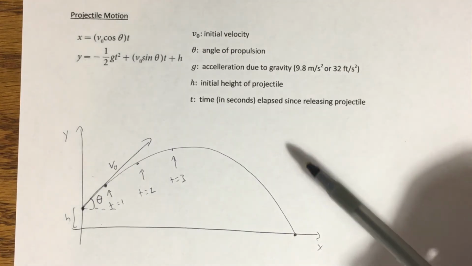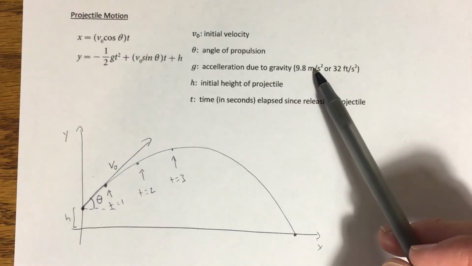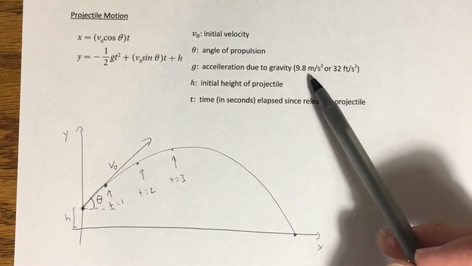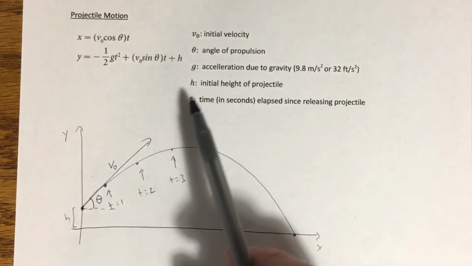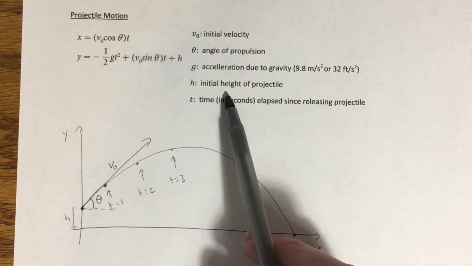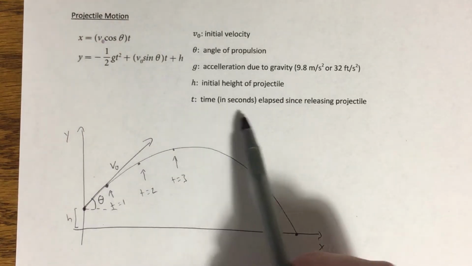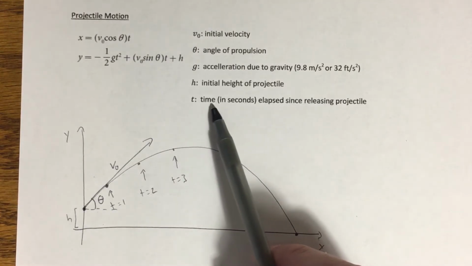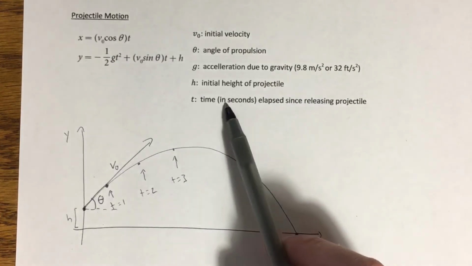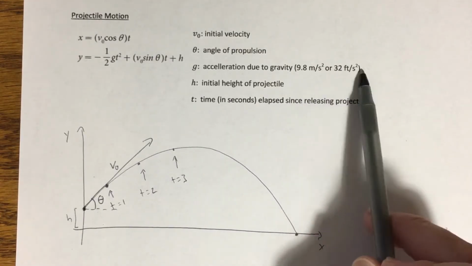If the distance is given in units of meters or something in that same system, kilometers, centimeters, whatever, you'd be using 9.8 meters per second squared. h is going to represent the initial height of the projectile. We've shown that here. And then t, like we said, is going to be the time elapsed since releasing the projectile. We're always going to measure time in seconds because it needs to be consistent with acceleration due to gravity, which also uses seconds here.